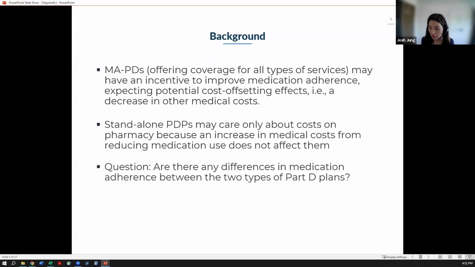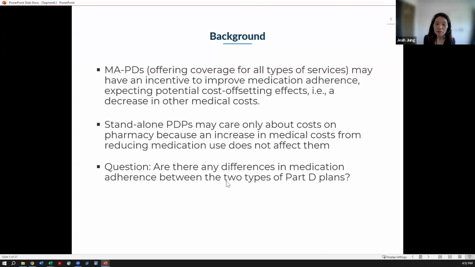It's more costly to them when their enrollees increase medication use. Standalone PDPs may not have an incentive to improve medication adherence, because if their enrollees don't adhere and there are more hospitalizations and ED visits, that cost goes to the traditional Medicare fee-for-service side.